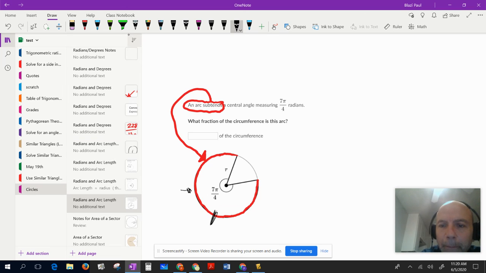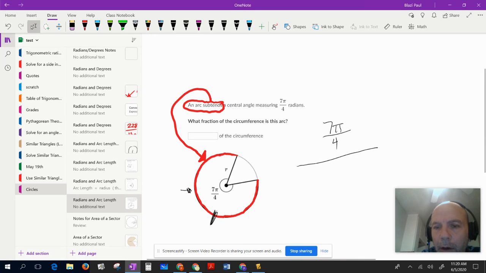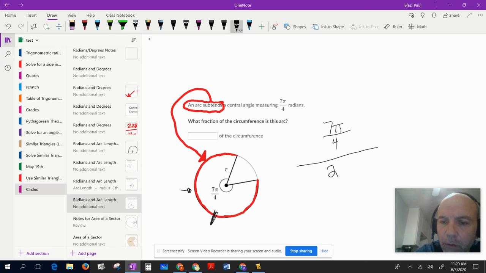Well, guess what? It's telling me that this is 7 pi over 4 radians, right? Out of a total. It's not giving me the circumference, is it? But what do I know about how far around a circle in radians is the entire circle? Well, we've gone over this, right? It's 2 pi. So here's my fraction here, 7 pi over 4 over 2 pi. That's how far.